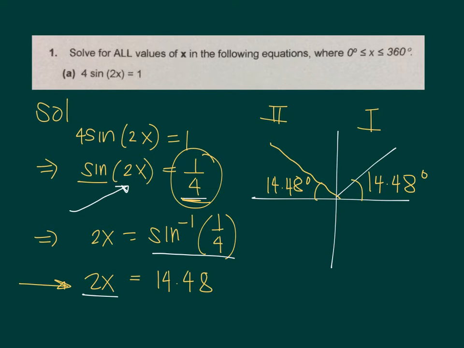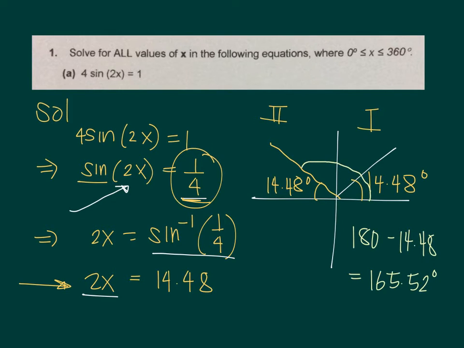Okay, so how do we measure that? This is the angle that we need. That is simply 180 minus 14.48. So 180 minus 14.48 is equal to 165.52 degrees.